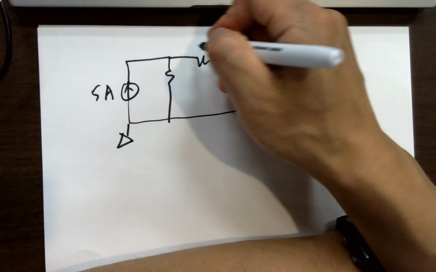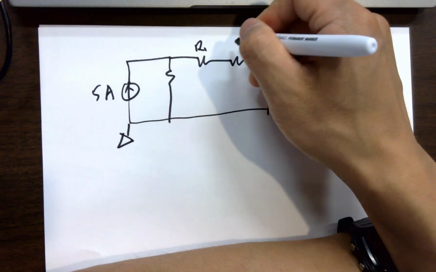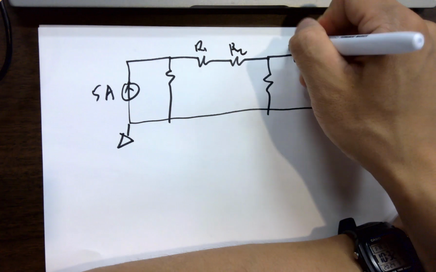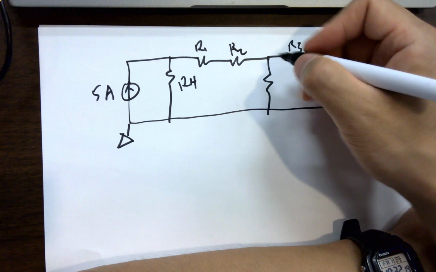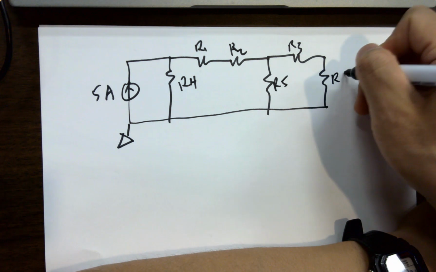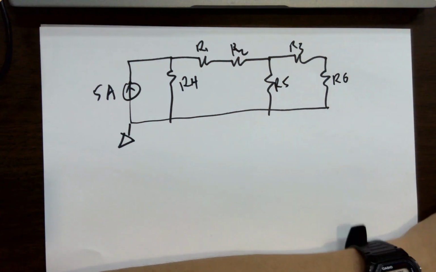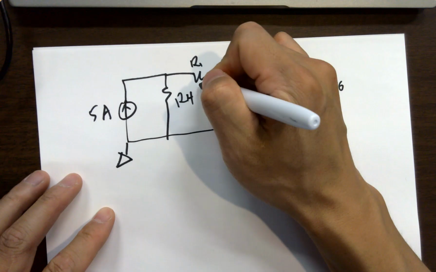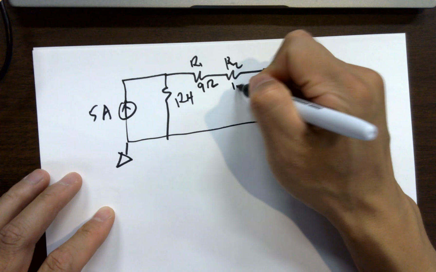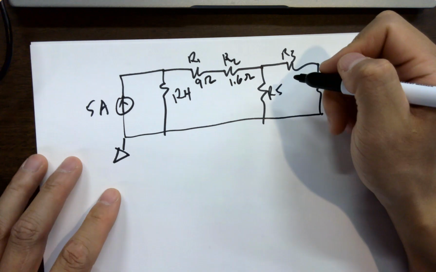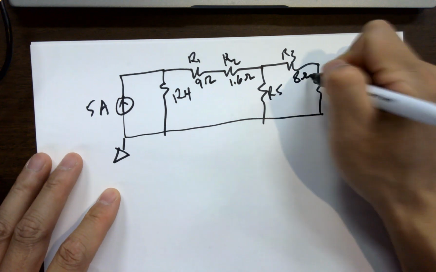1, 2, 3. R5, R6, right? R1 is 9 ohms. R2 is 1.6 ohms. R3 is 8 ohms.